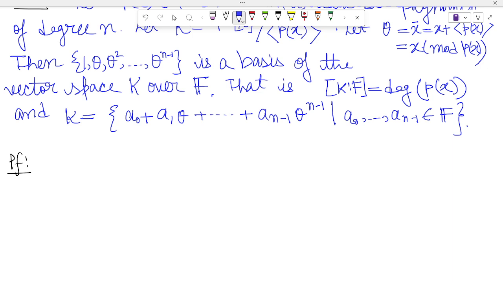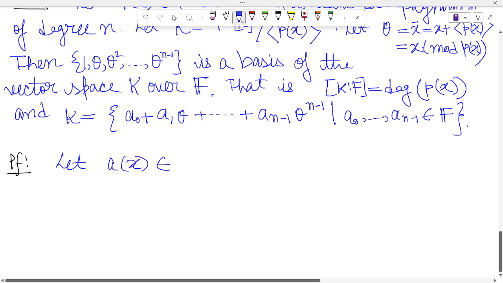So it is a surjective map. So every polynomial has its image. Let a(x) be inside F[x].